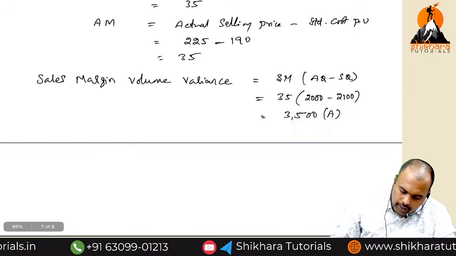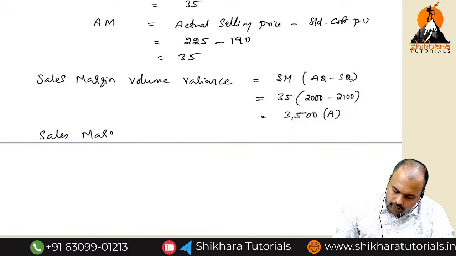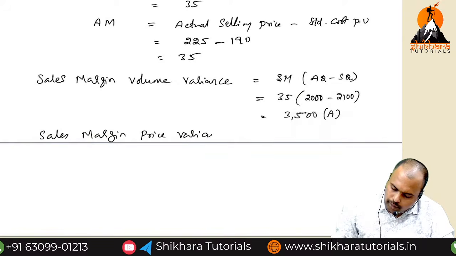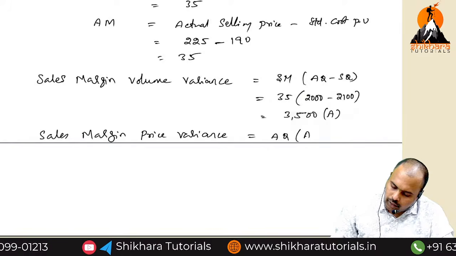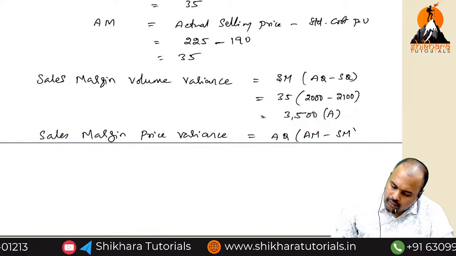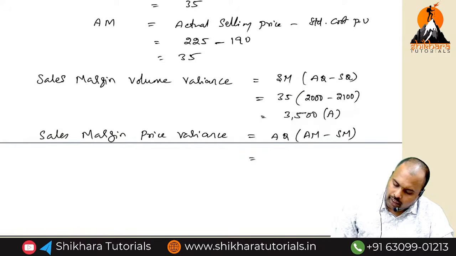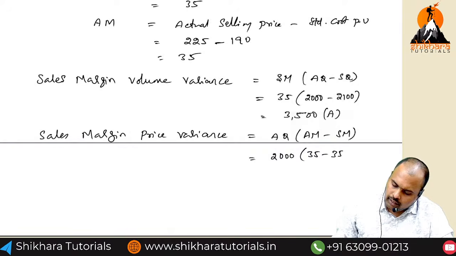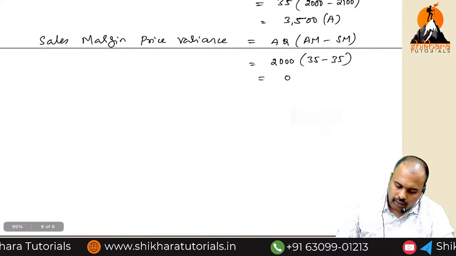Now what about sales margin price variance? Sales margin price variance is equal to actual quantity into actual margin minus standard margin. What is actual margin for actual quantity? 35 minus 35, 0.